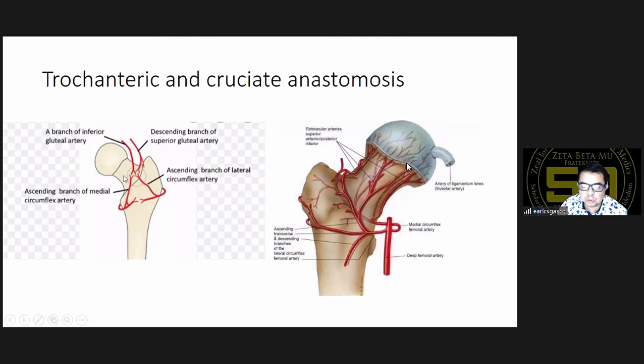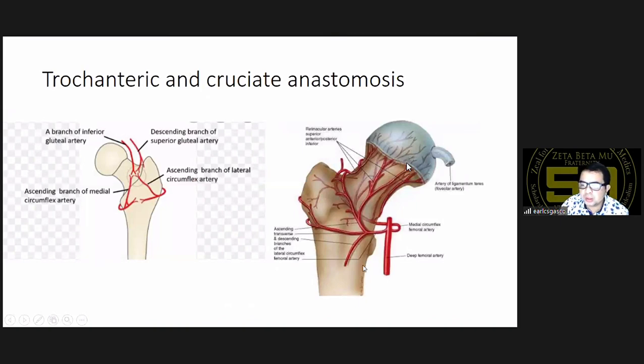You have your trochanteric anastomosis here, which supplies blood. These are your retinacular nutrient arteries, which arise from your trochanteric anastomosis. Branches come out from the anastomosis here to form the major blood supply to your femoral head. Retinacular arteries form the major blood supply to your femoral head.